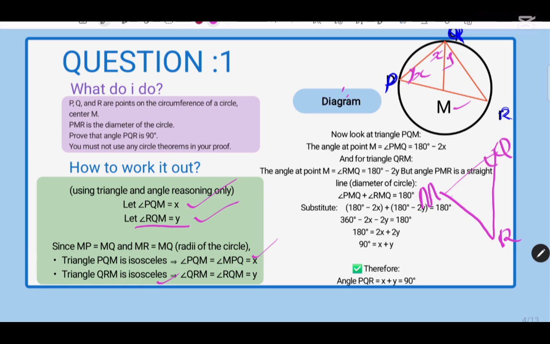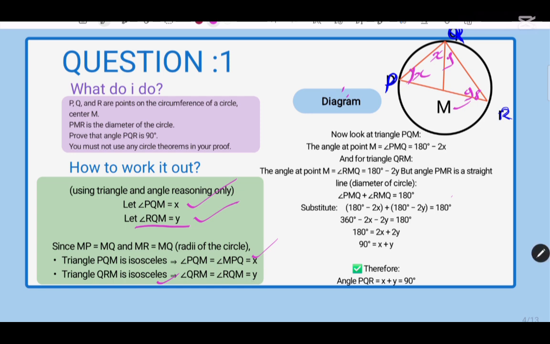If I have this angle as Y, that means this side also is angle Y. So I could put Y here as well, because the two base angles are equal since it's an isosceles triangle, and it is an isosceles triangle because M to Q and M to R are both radii. So we can see how easy this is, right? Now we can see that we have 2x and 2y on the triangle.